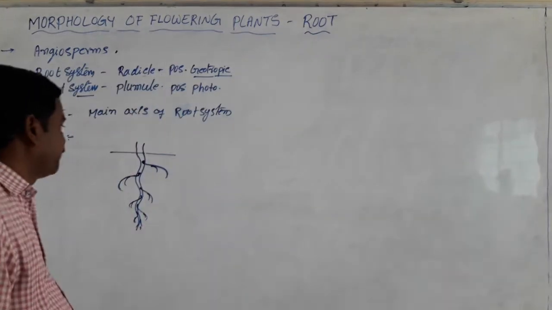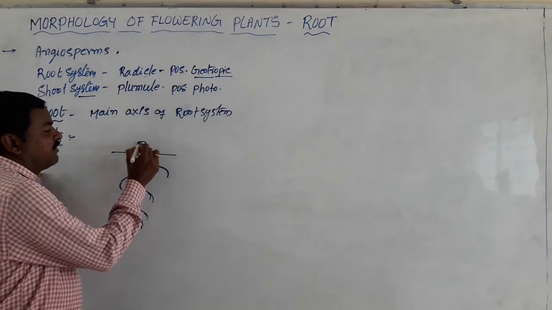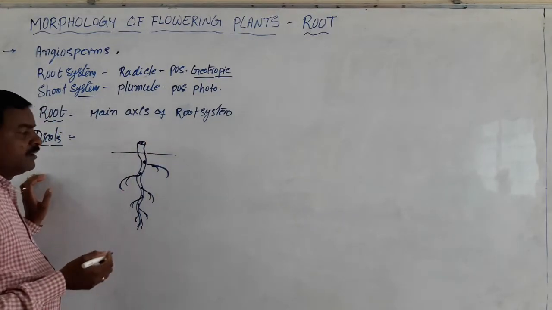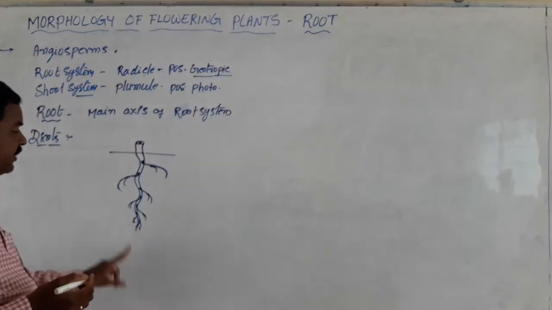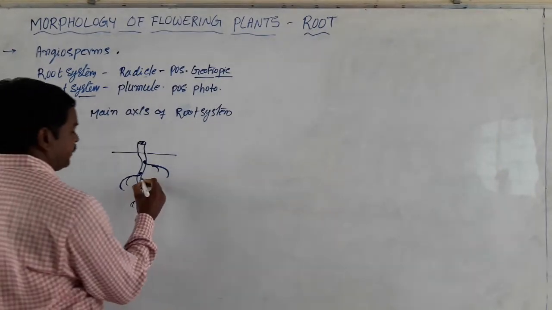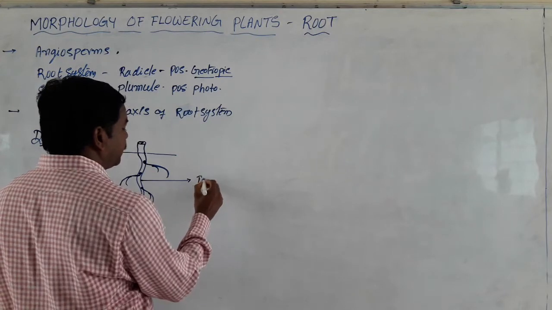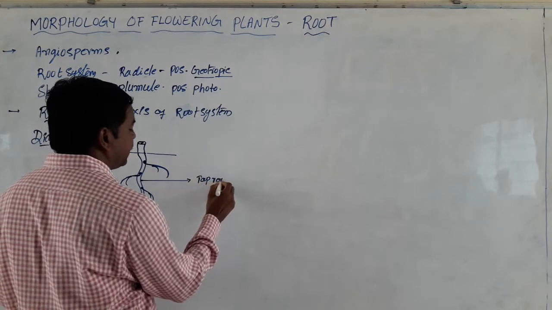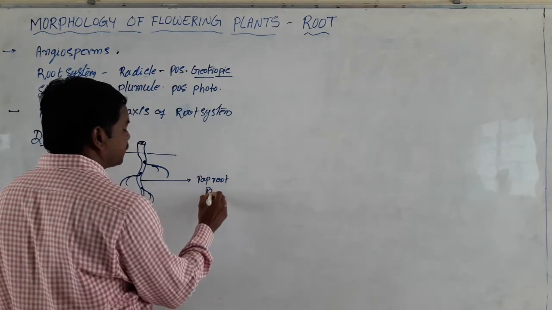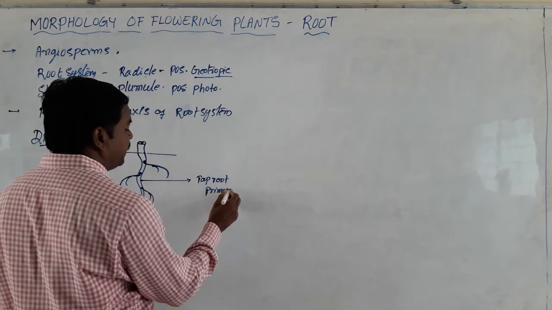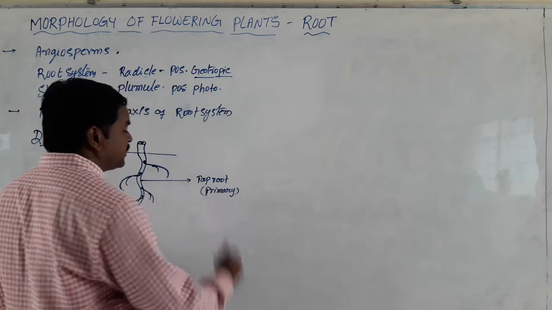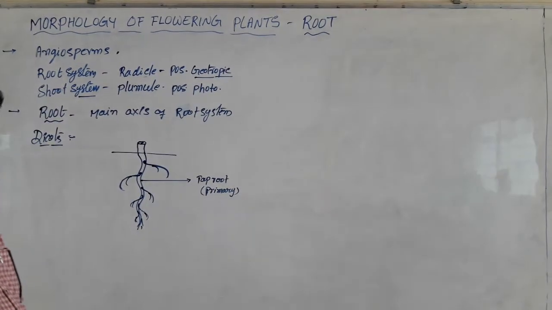In this way, in dicotyledonous plants, the radicle directly elongates into the soil, leading to the formation of the taproot. This is also considered the primary root. The taproot is also called the primary root.